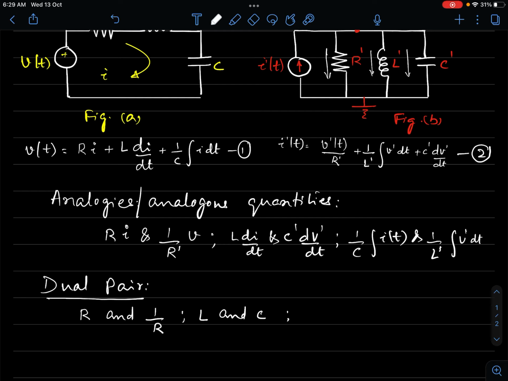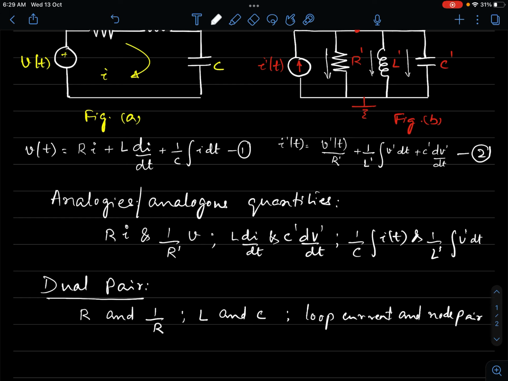The third dual pair that we can write is I and V: the loop current and the node pair voltage, they are duals of each other.